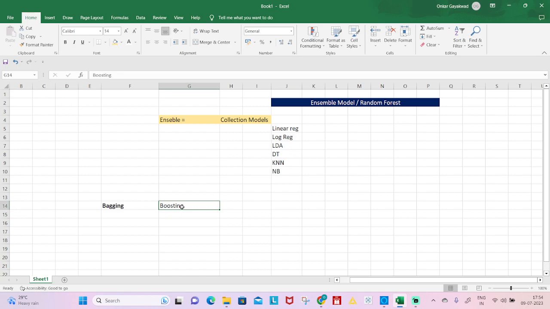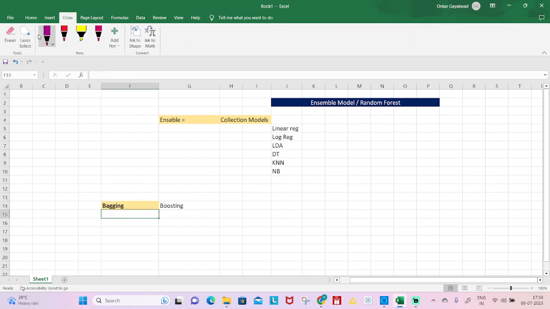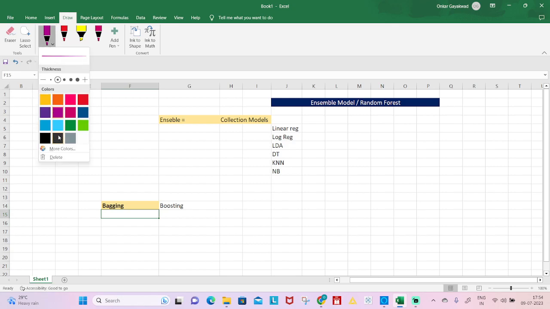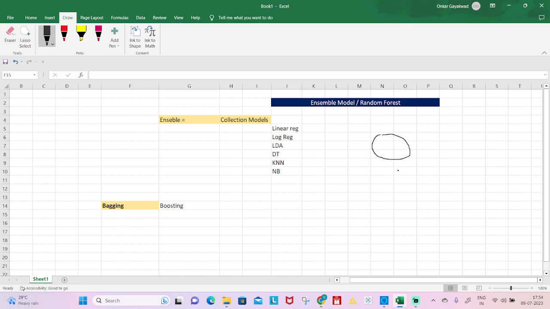So let's understand first the process of bagging. Let's say, for example, I have these 5 decision trees. This is my tree 1, this is my tree 2, this is my tree 3, this is my tree 4, this is my tree 5.